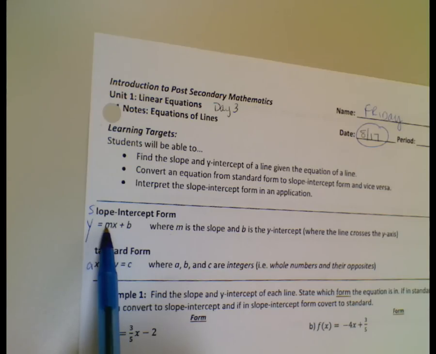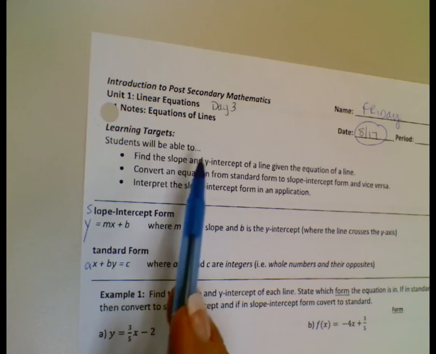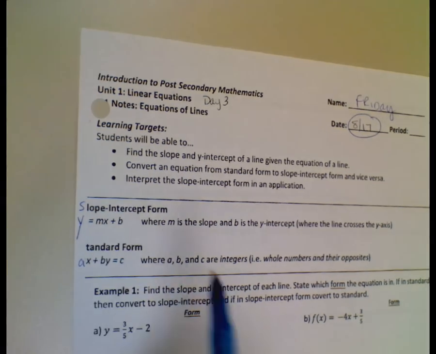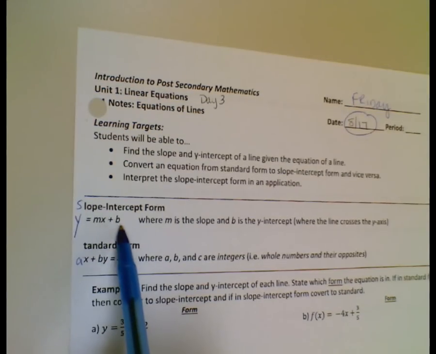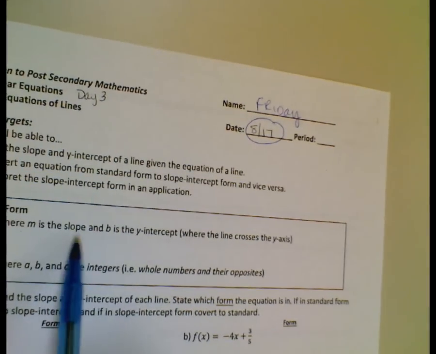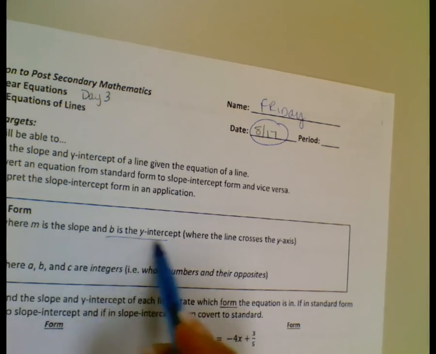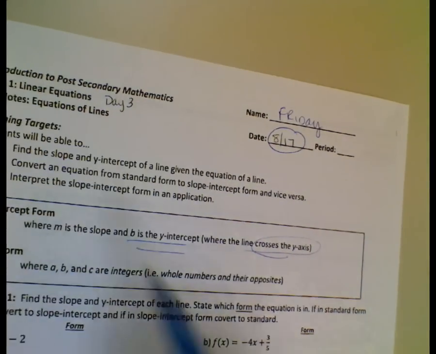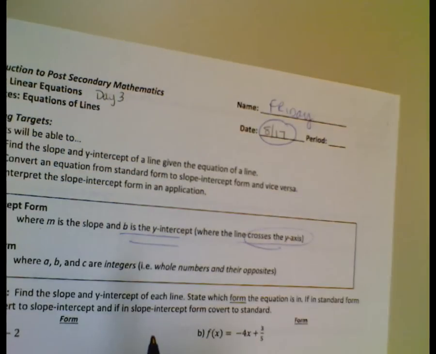That number in front of x is the slope. It determines what the angle of your line is. Is it going up from left to right, down from left to right? Is it a zero slope or is it undefined? The b is where it crosses the y-axis. So it says right here, m is the slope, but the b is the y-intercept. It's where it crosses the y-axis, whatever that number is. So if that's a 2, it crosses the y-axis at 2.